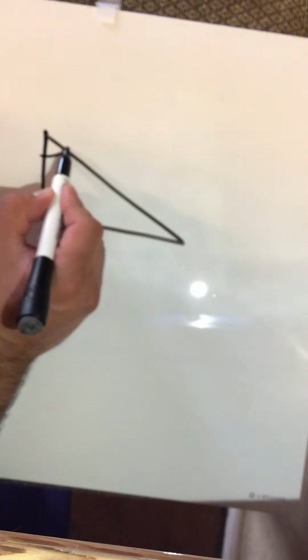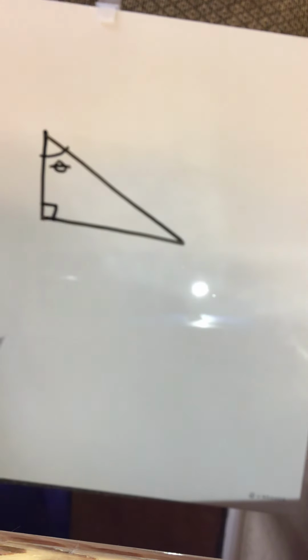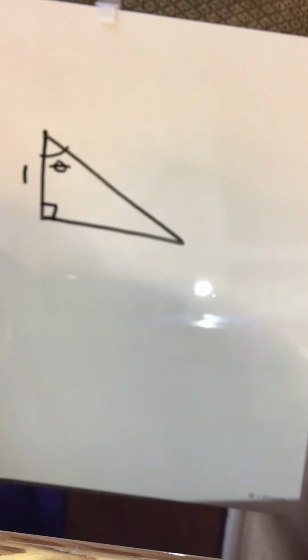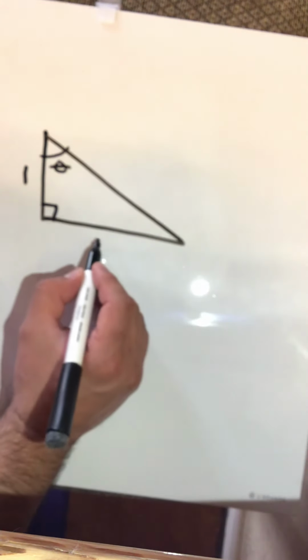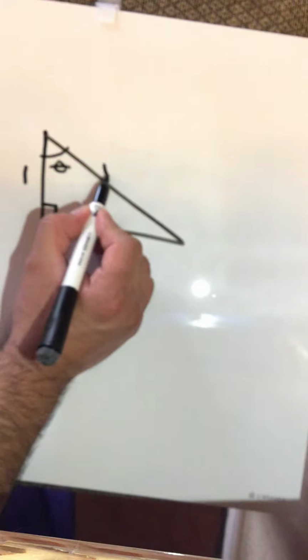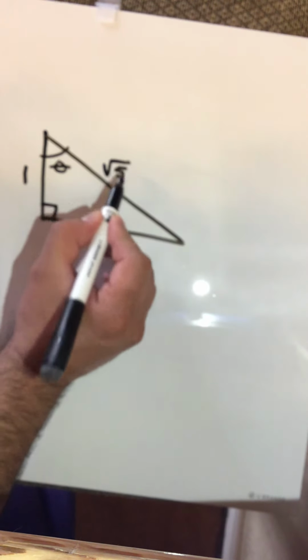Now this is the reference angle that I'm using, right? Then this side is going to be side 1. The measurement for this side is going to be side 2. And the measurement for the other side is going to be the square root of 5. Okay?